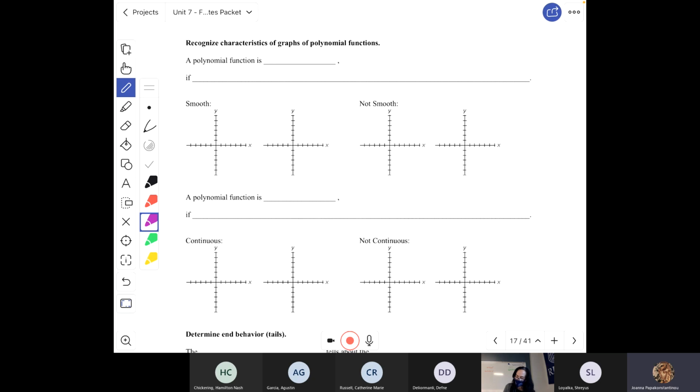We call a polynomial function smooth if the graph of the function has only, let's say, rounded curves with no sharp corners.